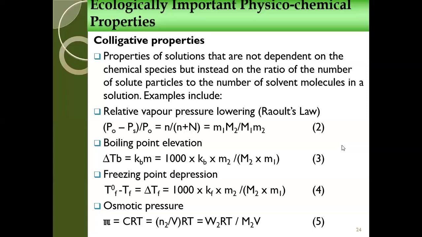The boiling point elevation is represented by delta TB. That B is boiling point, T is temperature. So delta TB equals KB times m.